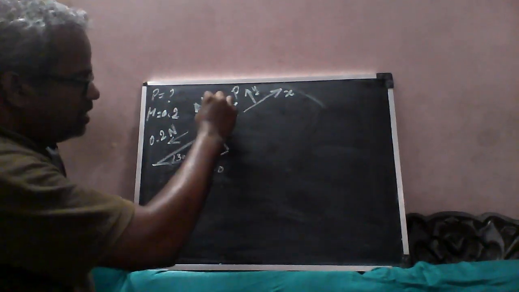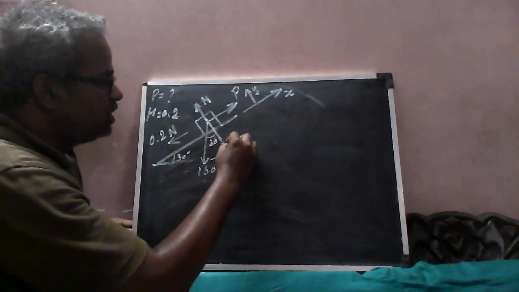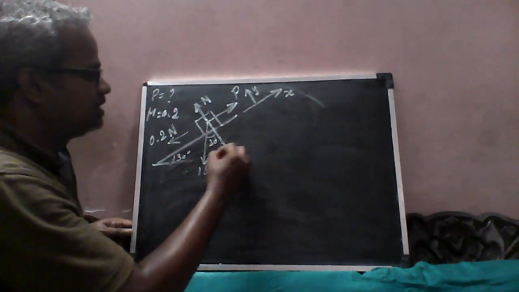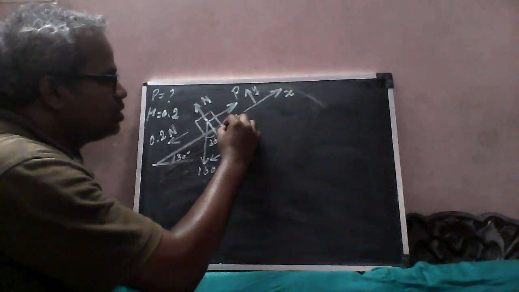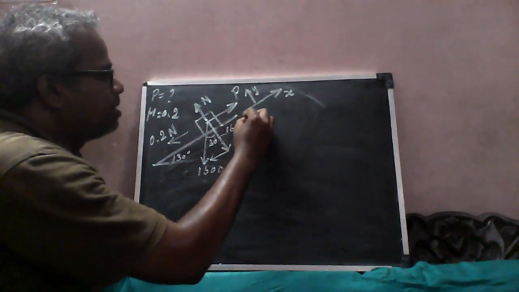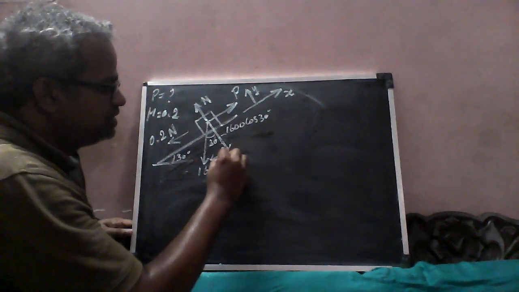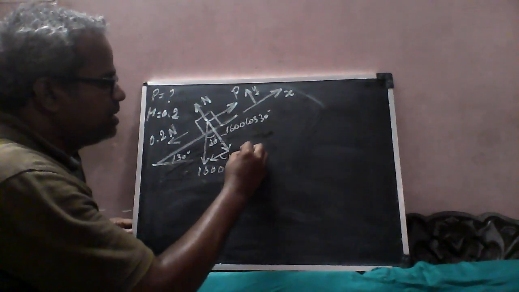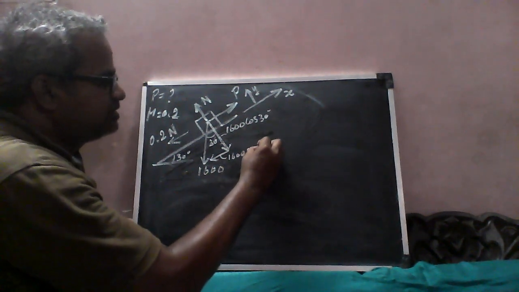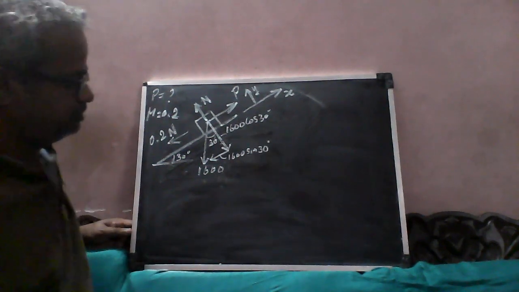So this 1600 I can resolve into two components: 1600 cos 30-degree, and another one is 1600 sin 30-degree, that is the horizontal component.